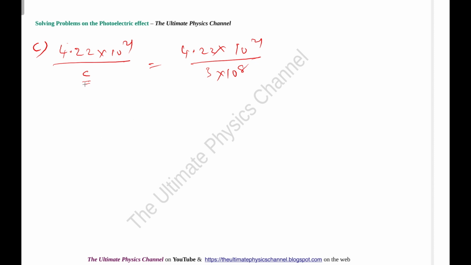From the sun, this is the speed at which the photons travel and reach the surface of Earth. And since we already have the number of photons over a given area per second, that is the rate at which the photons arrive, if we divide it by the speed of light, you would get the photon density, so to say, near the surface of the Earth. This number is 1.41 into 10 power 30 photons per meter cube. That is the answer to the third part of this question.